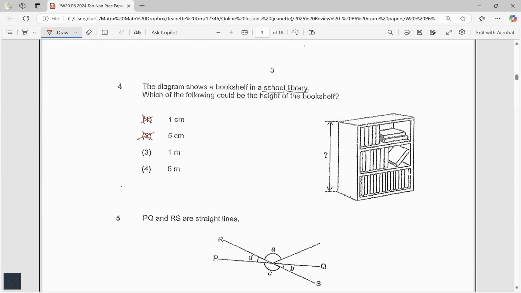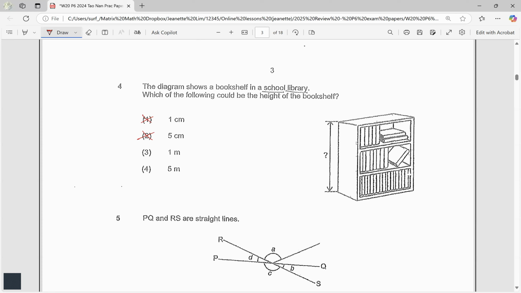Okay, which one is more realistic? 1 meter is okay, if a person's height is 1.5, so 1 meter is slightly lower than a person's height. But 5 meters, like from the floor to the ceiling, right? A standard height would be maybe twice an adult's height, so maybe about 3 meters.